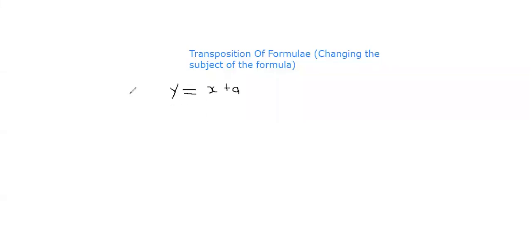All right. So what I have here is a formula. What is the subject of this formula? Anybody can tell me? Y. Why is Y the subject?